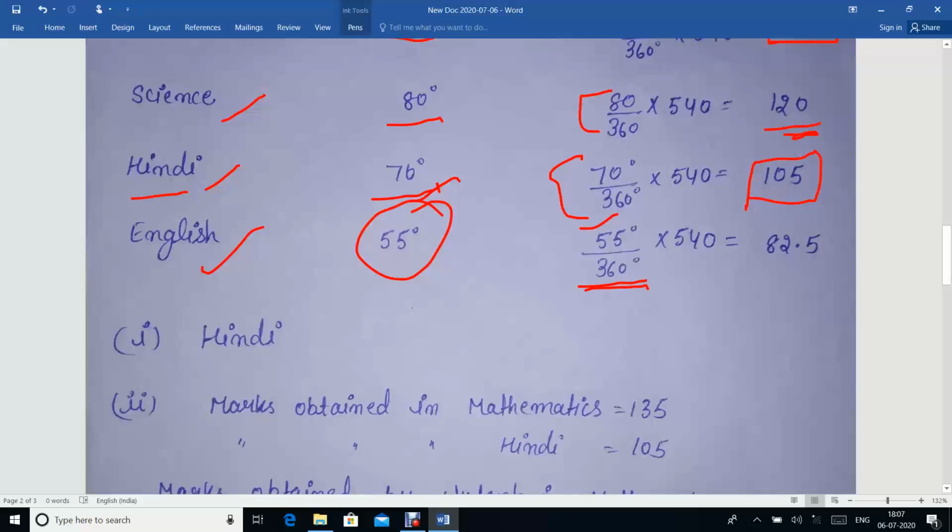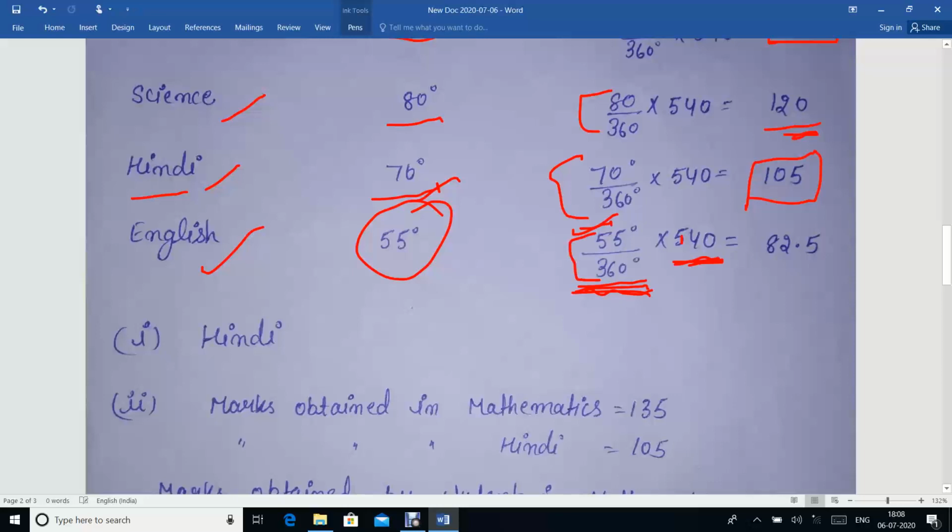See, you have to keep one thing in your mind, that if you are finding the marks obtained in a particular subject, or in a cricket match the runs, and you are given the central angle, then you have to put the central angle in the numerator, divide by 360 degree and multiply by the total marks which he got in all the subjects.